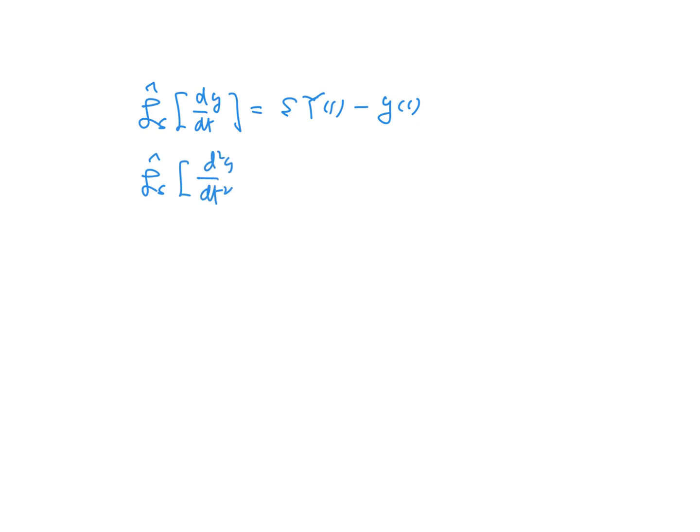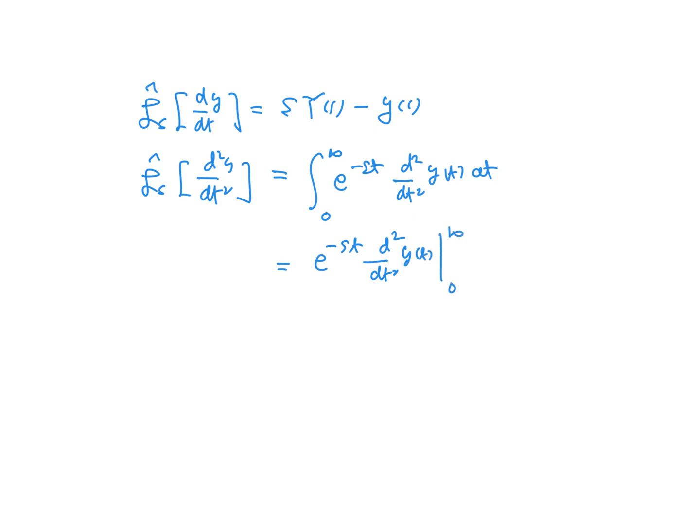d squared y over dt squared. So we can use integration by parts. e^(-st) times dy/dt from 0 to infinity, minus the integral of the derivative of e^(-st) times dy/dt dt, right?